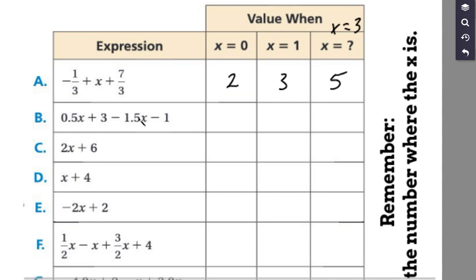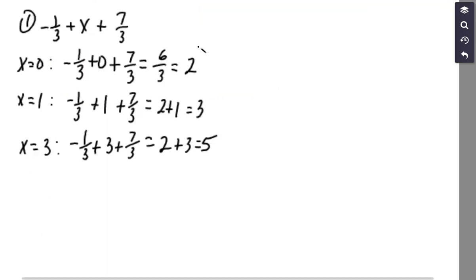So then I'm going to do the second one. And so the second one is 0.5x plus 3 minus 1.5x minus 1. Right? So first of all, I'm going to evaluate if x is equal to 0.